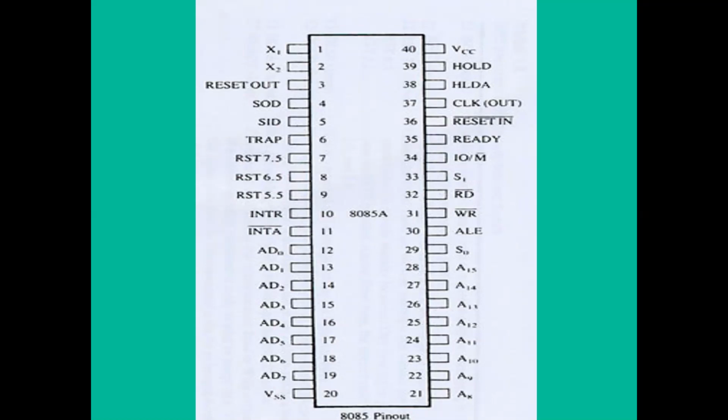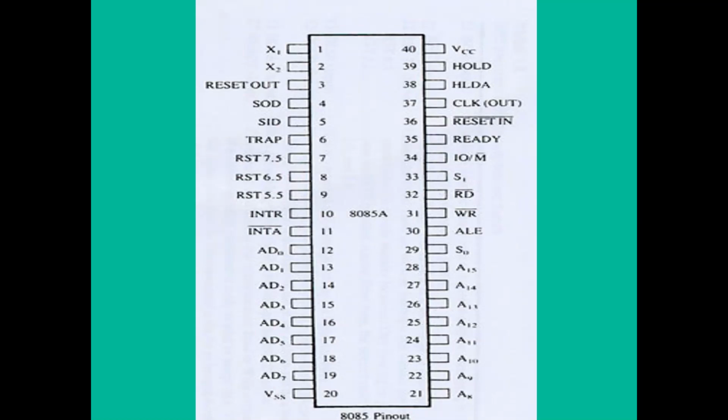The write pin, which is over here, is also an active low signal, which indicates that the data on the data bus is to be written into the selected memory or output location. Clear?